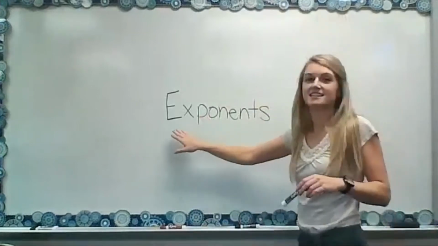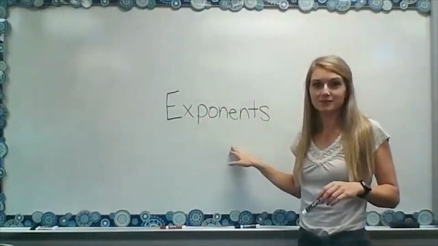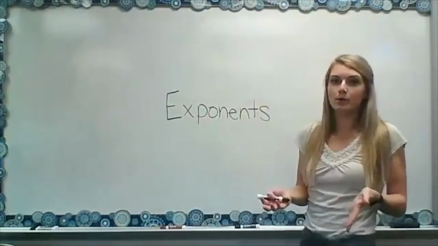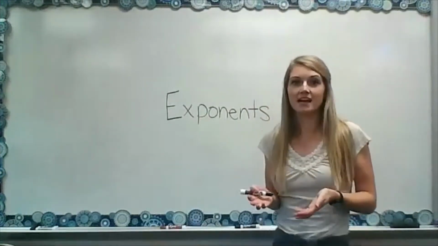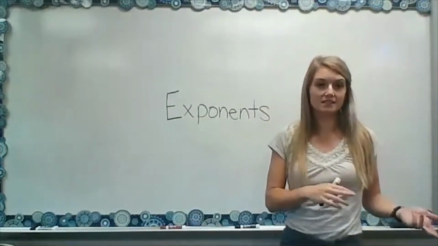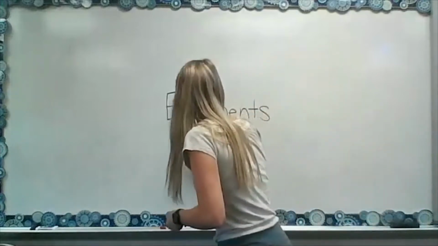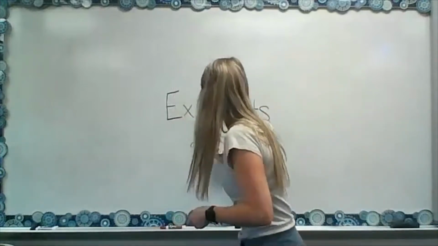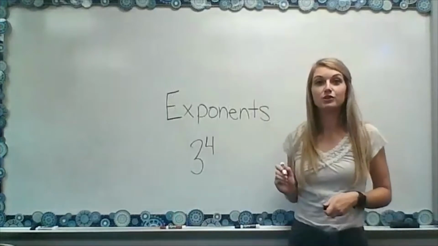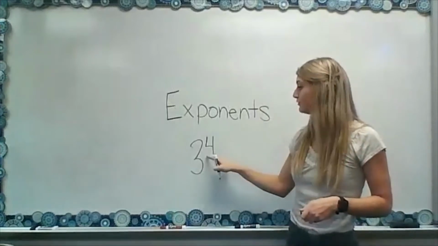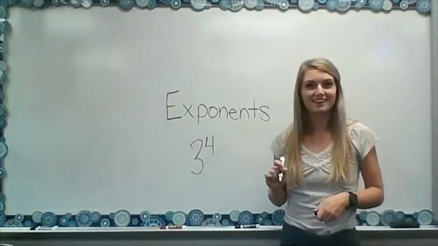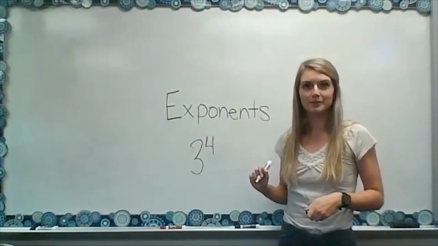So your very first lesson is on exponents. An exponent just tells you how many times a number is multiplied by itself. For example, an exponent might look like this, 3 to the power of 4. That's how we say that, 3 to the power of 4.